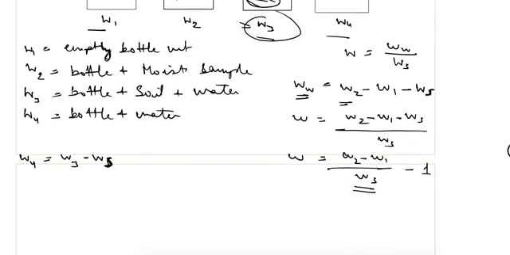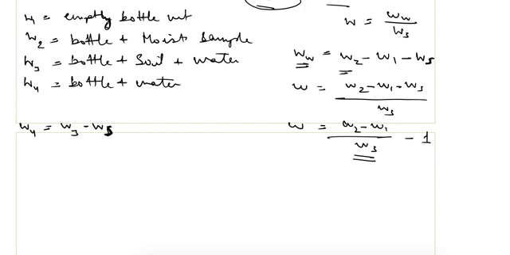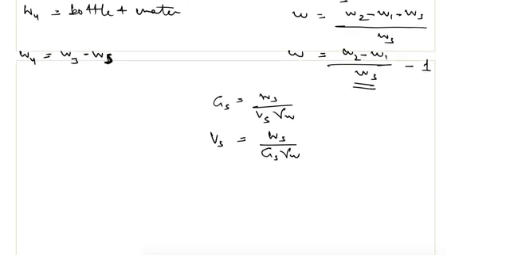So we can use the specific gravity here. The specific gravity formula, we know, is given as Gs equals Ws upon Vs gamma W. And from here, the volume of solids is equal to Ws upon Gs gamma W. And this much volume we want to fill with water.